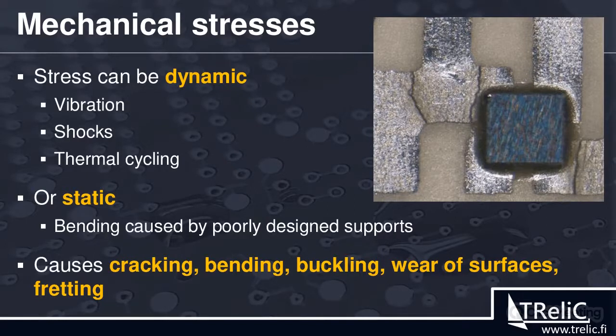So then to the mechanical stresses. And this is also another very, very common reason for failures. So we have two different types. We have dynamic stresses, and then we have static stresses. And the dynamic means that the stress is changing constantly, for example, due to vibration, which is common.